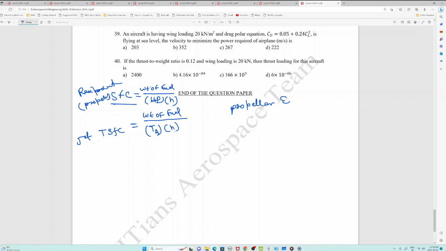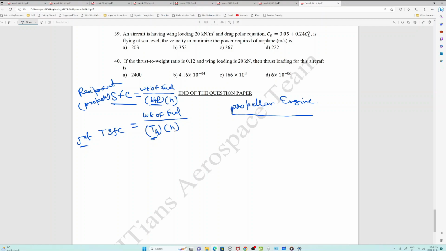So what is the difference? Always remember, guys, reciprocating engines are rated in terms of horsepower. So that's why we are writing it here. Or jet engine is always rated as thrust available. Is it clear?